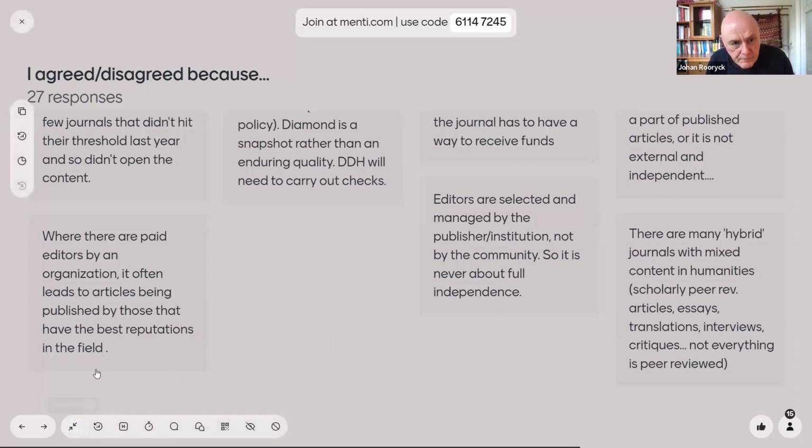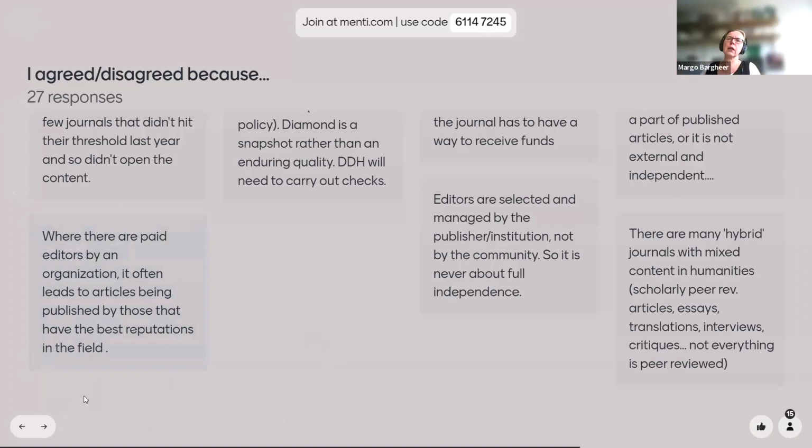And then here's a really good comment on editors being selected and managed by the publisher, the institution, not the community. So it's never about full independence. Sometimes with editorial boards, and especially when it's groups of scholars that convene to publish a journal, then it's the community finding its publishing outlet through what they do.